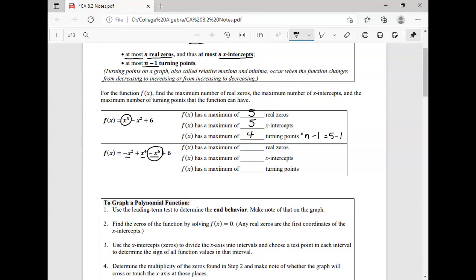The other stuff doesn't matter here. So it could have 6 real zeros, no more than that. It could have 6 x-intercepts. And then I need to do n minus 1. It could have up to 5 turning points, but maybe less in that problem.